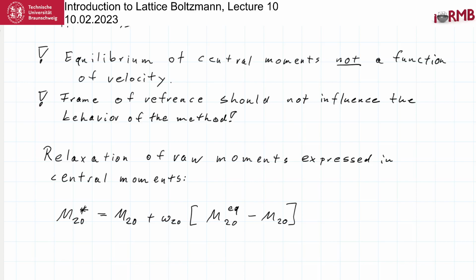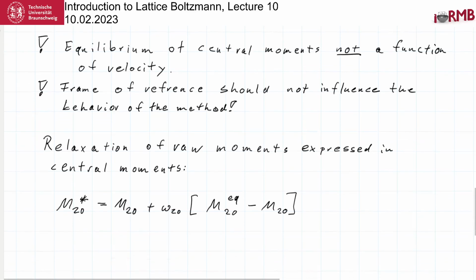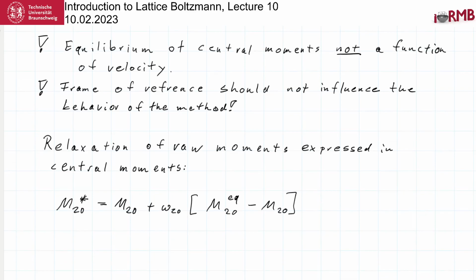In the standard MRT, we relax raw moments. Now let's see whether this is independent of the frame. In order to do this, we replace all the moments that we have here with their central counterpart. So we have, of course, K20 after collision, which is the moment plus ux square rho. This is what this raw moment equals.